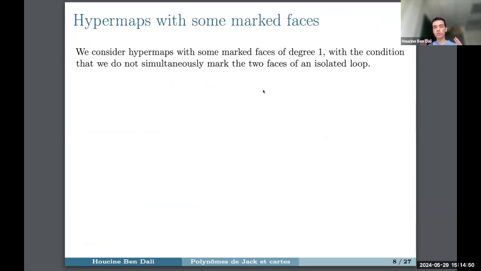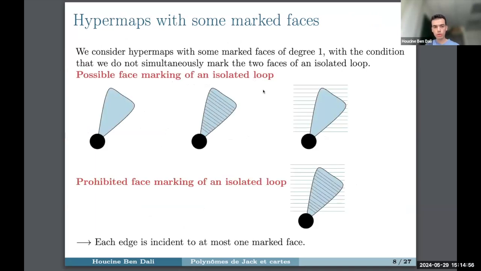Each time we have a hypermap, we can decide to mark some faces of degree 1, with the only condition concerning an isolated loop. By an isolated loop I mean a connected component of the hypermap which contains exactly one vertex and one edge. By definition of a hypermap, this connected component has two faces: one colored minus, and the other colored plus.